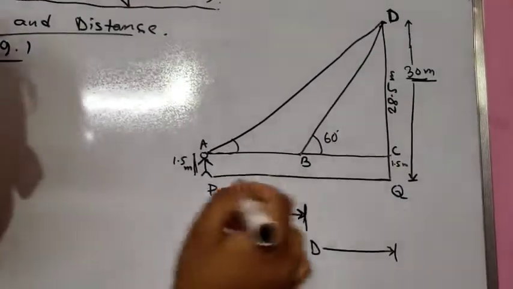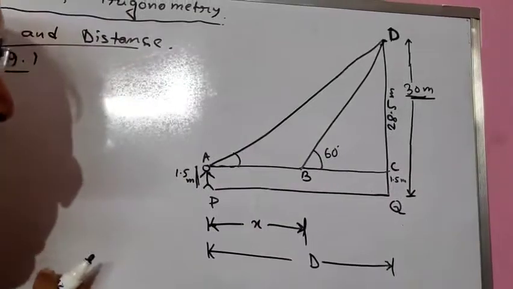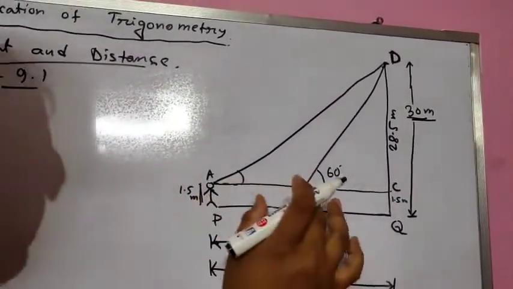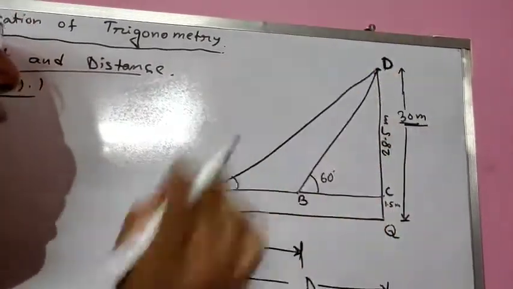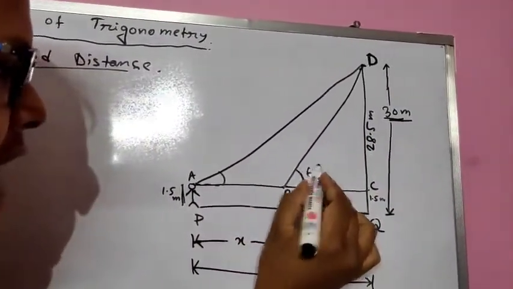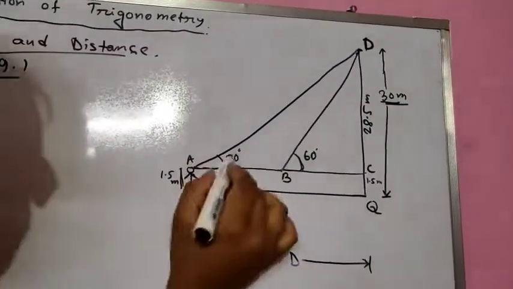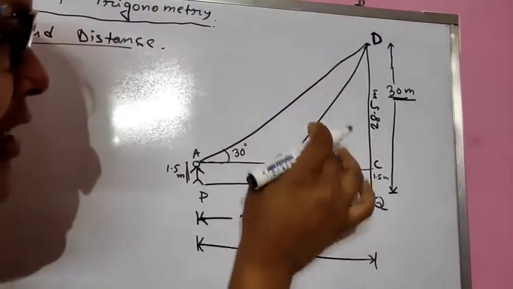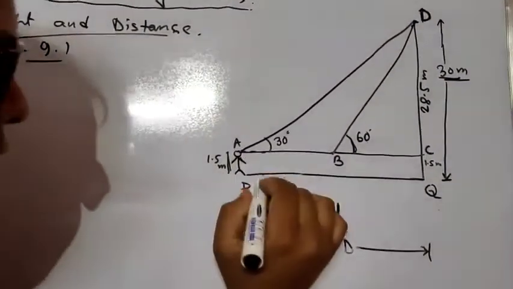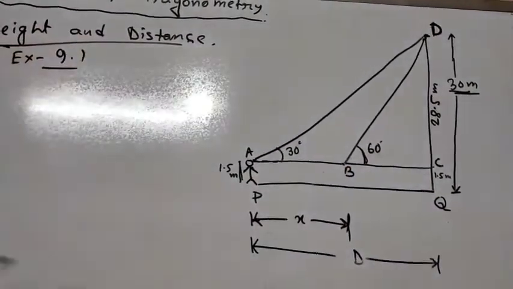Now the boy is moving towards the building, and after moving a certain distance, the boy is seeing the top of the building at an elevation of 60 degree, and earlier it was 30 degree. The angle of elevation was 30 degree earlier. Now it became 60 degree, and you have to find how much distance the boy came towards the building.